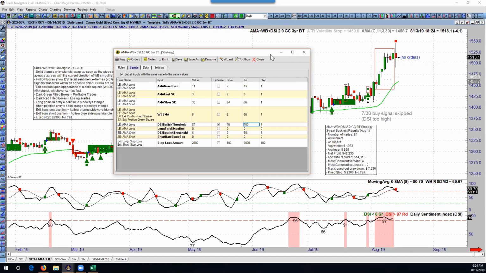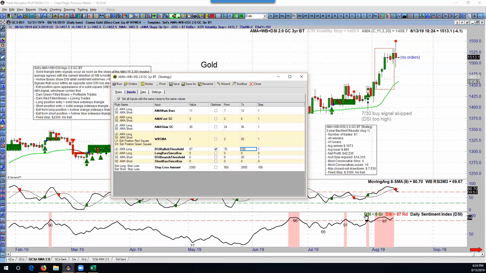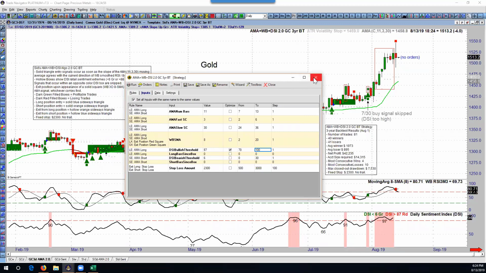So once in a while, you have this really rare situation where DSI can stay super elevated for an extended period of time, and the market can keep going up. But it's rare, very rare, and we really didn't have that.